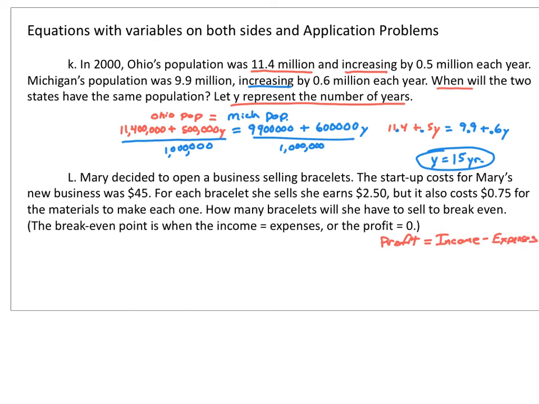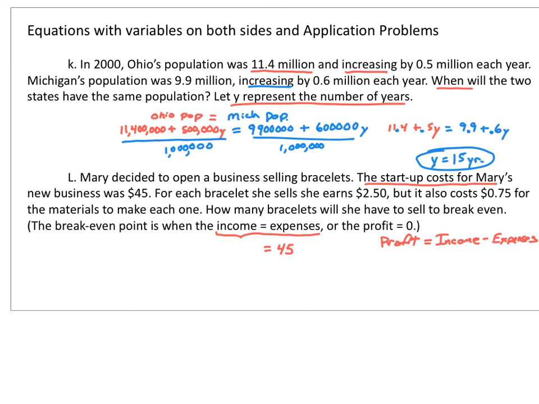Okay, or we could go to break even, income equals expenses. So either way would be fine. I'm going to use income equals expenses. So let's see. Startup costs for Mary's business was $45. So that's a cost. So I'm going to put that over here on the expense side, $45.